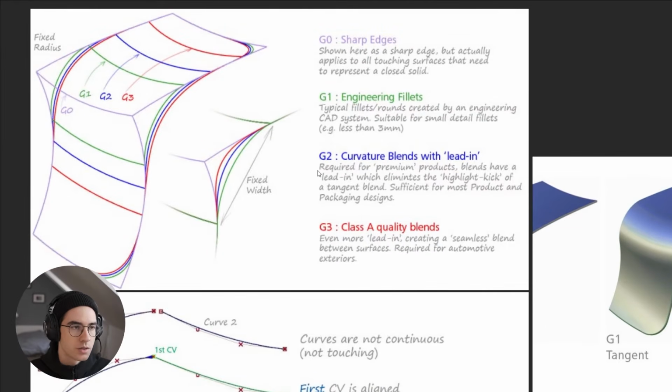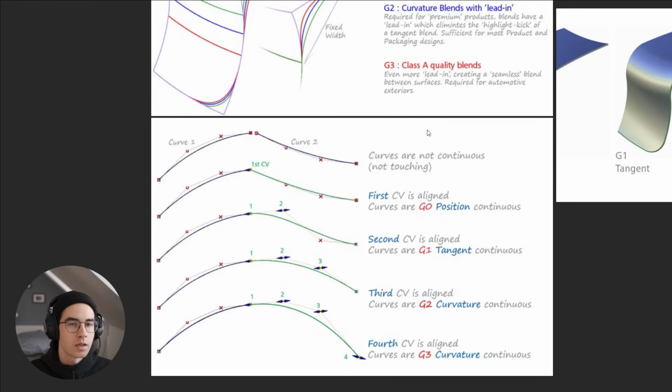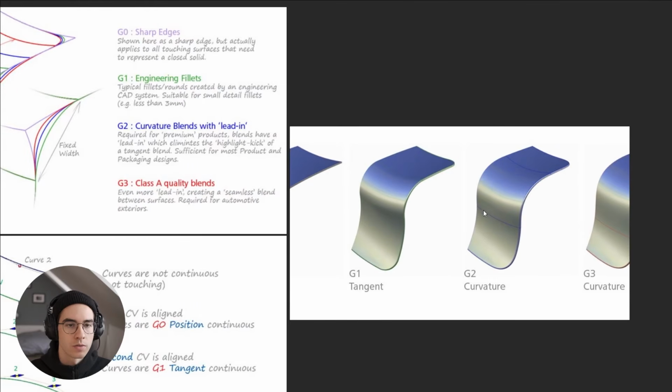G2 is curvature, and G3 and G2 is a smoother transition into the fillet or the blend. So here it is explained a little bit more detailed. We'll have 1, 2, 3, or 4 CVs aligned to the other surface, and that just gives us more and more quality of this blend.